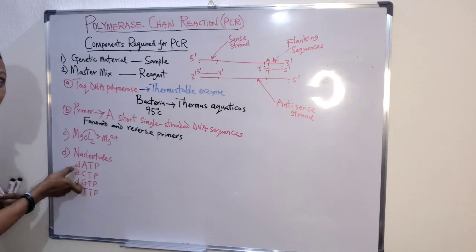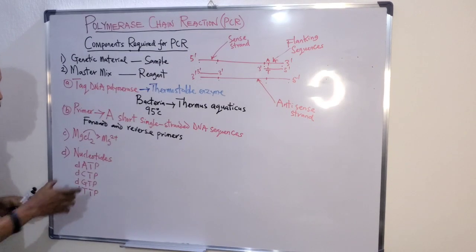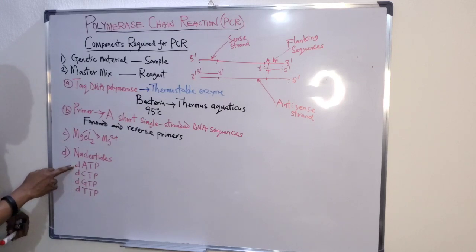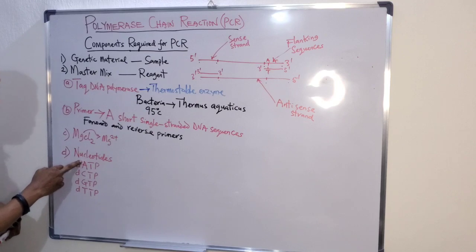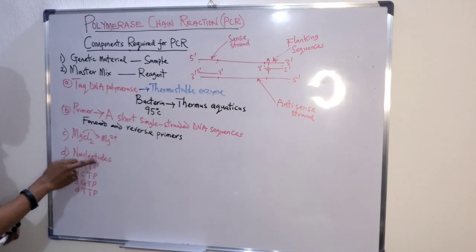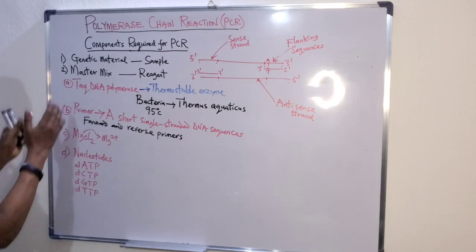I gave this during the introductory part of this class. So the nucleotides are also required, where the deoxyribose sugar is bound to the nitrogenous base, which is also bound to 3-phosphate group. So for example, this one is deoxyadenosine triphosphate. So these are also required as components in the master mix.